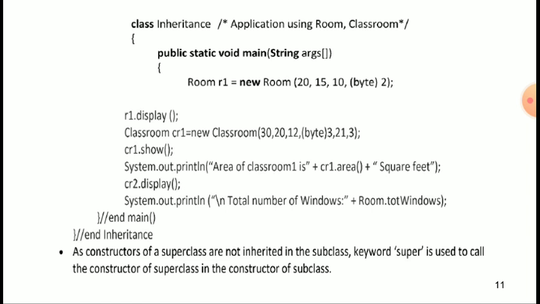Classroom CR1, that means the classroom 1 equals new Classroom(30, 20, 12, byte 3, 21 and 3). CR1.show. System.out.println area of classroom 1 is plus CR1.area plus square feet. CR2.display. System.out.println total number of windows plus Room.totalWindows, end of main and inheritance.